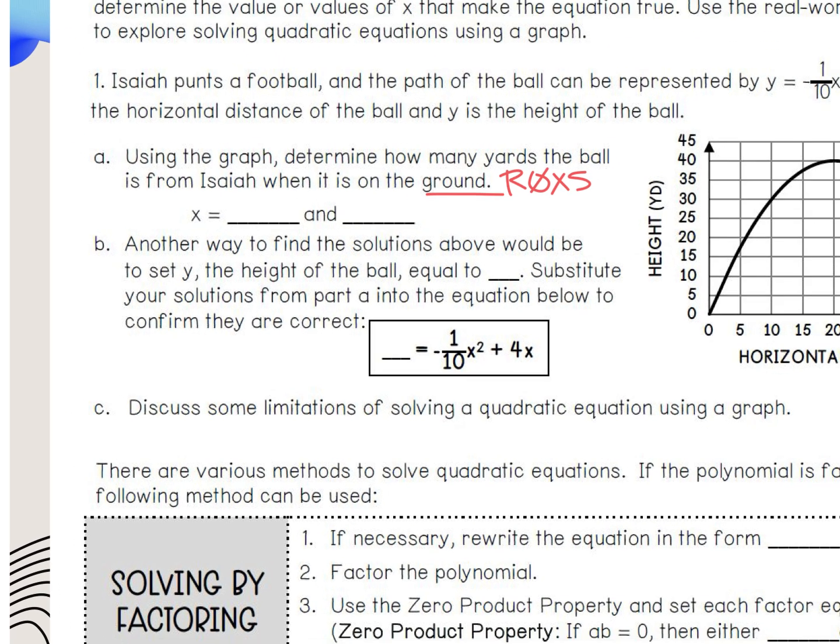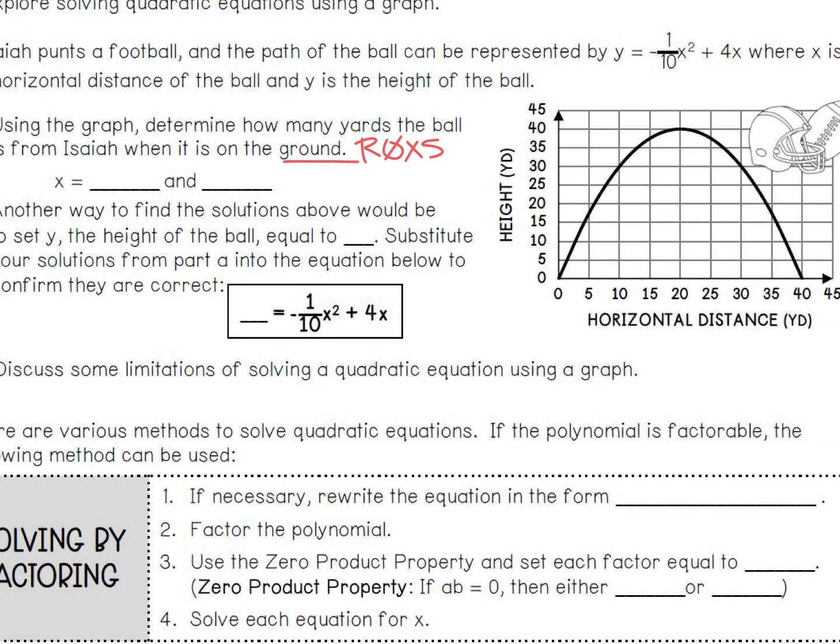So looking at this graph right here, when is the ball on the ground? At x equals what? 0, 0, and 40, 0. At 0 and x equals 40. Okay? So what we're going to focus on today is another way to find those, especially when we don't have a graph.